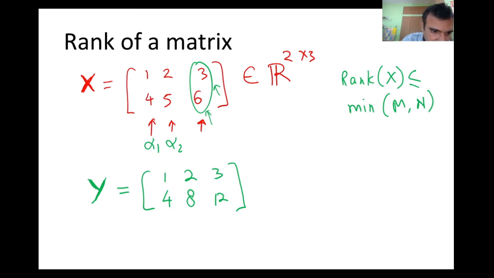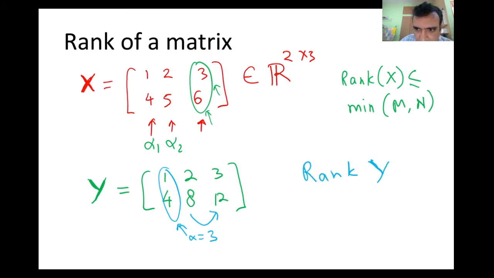I can simply take one column and multiply it with alpha equal to 3, and I can get this column. I don't even need the second column. So here the rank is 1. Keep in mind that only the upper bound on the rank is defined by the minimum of m and n. It could actually be less than that.